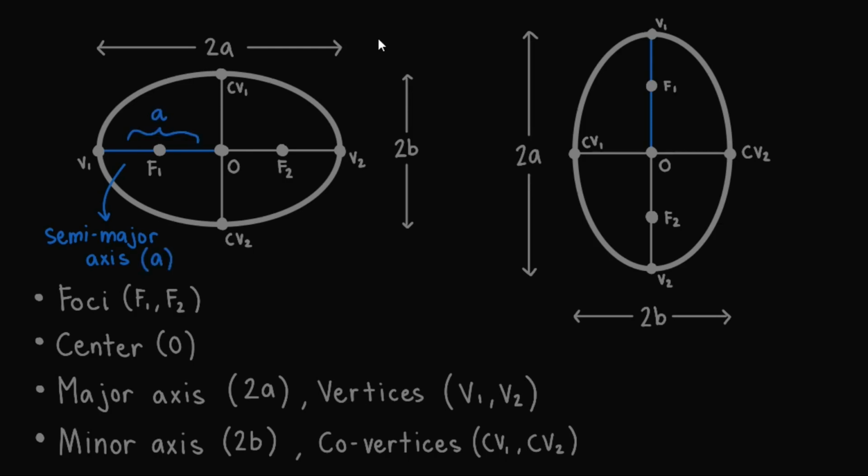Aside from this, if we consider half of the minor axis, this is similarly called the semi-minor axis, and its length is represented by half of 2b, which is b. So take note of these two, since oftentimes in dealing with an ellipse, we only consider a and b in the equations, in the solutions, and such.